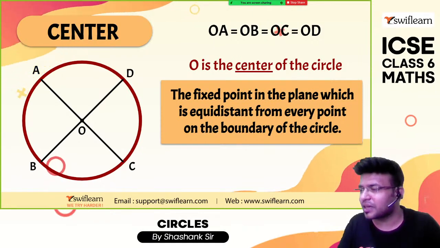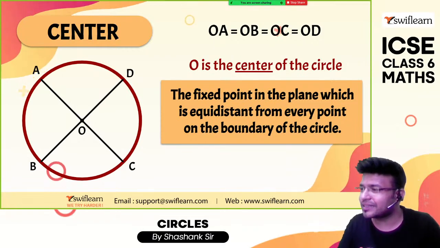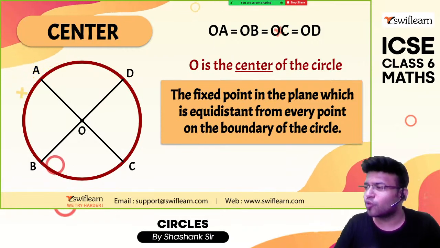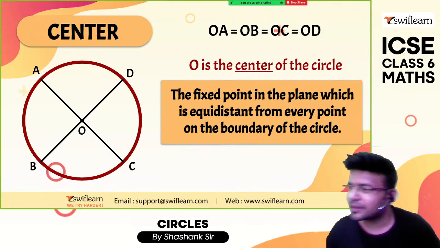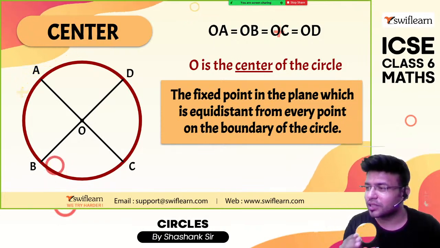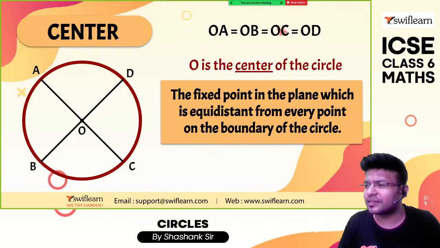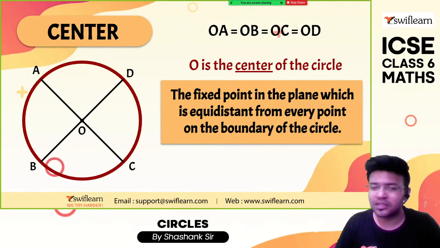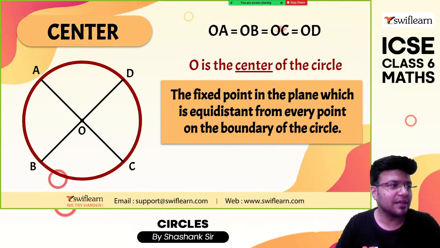Ankrit is telling, sir, plate is an example. Right, plate is an example. Some water bottle caps like this, this is also a circle. So many objects in real life are circles.